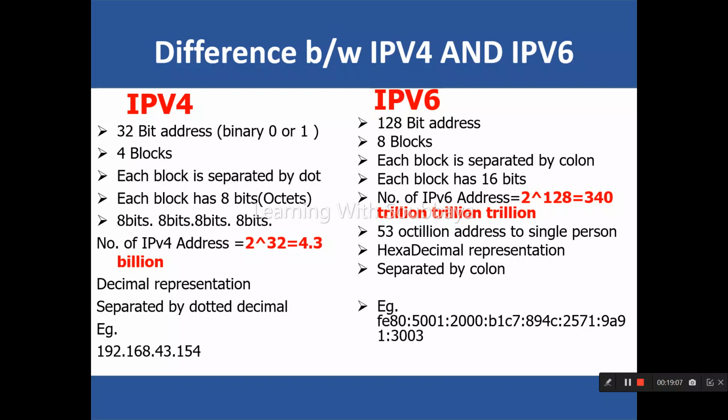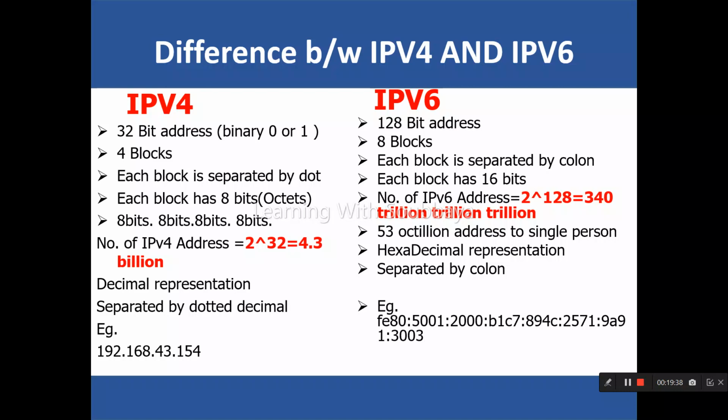IPv4 is a 32-bit binary number. Binary means what? It may be 0 or 1. So 32 bits are available. These 32 bits have been divided into 4 blocks, or we can say 4 octets.